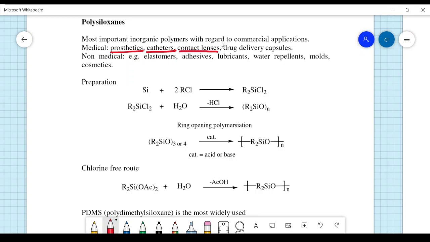I think some of these will have this chitin molecule also, which is a polymer again, and that is also prepared by the same catalysts. And then drug delivery capsules are there. There are many capsules that deliver the drug and come out of the body. So: drug delivery capsules, catheters, prosthetics.